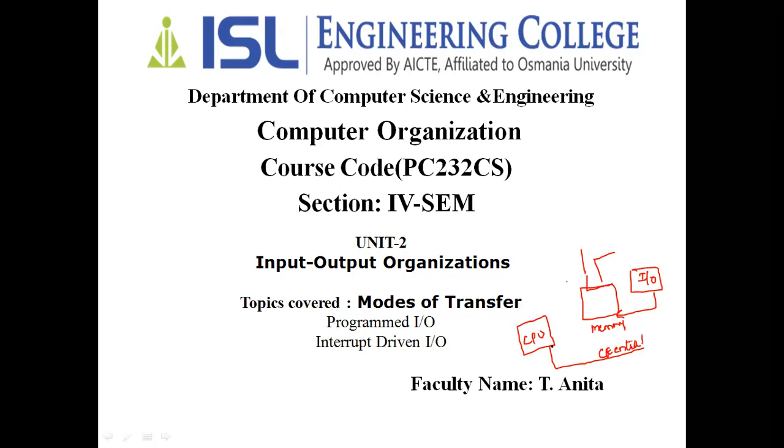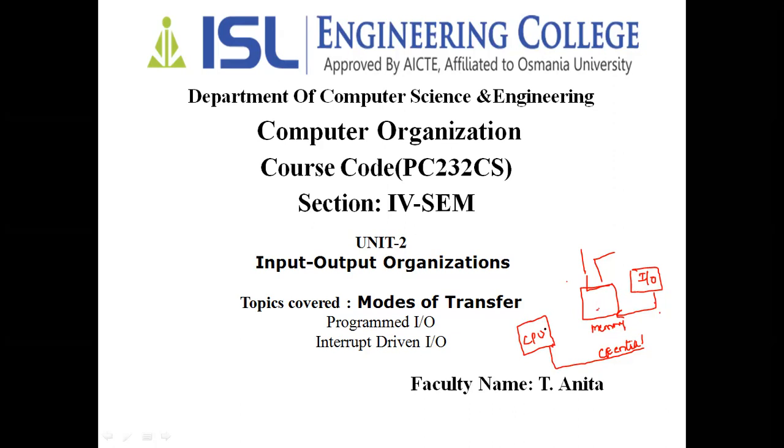With the help of the CPU, we transfer information from input-output devices to the memory, and from the memory to the IO devices, to and from the memory and the IO devices. In order to have the transfer between these two, we need a CPU. Without the central processing unit, we can't transfer any sort of data.